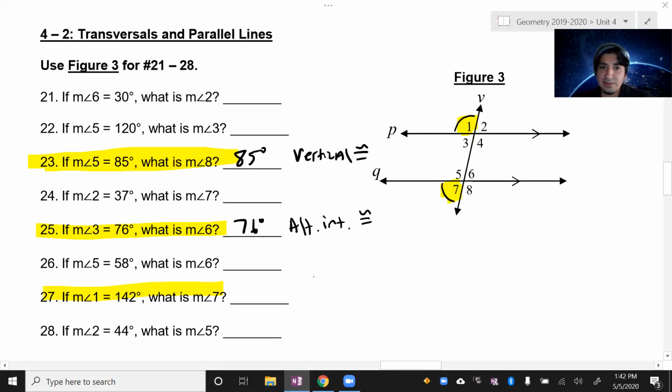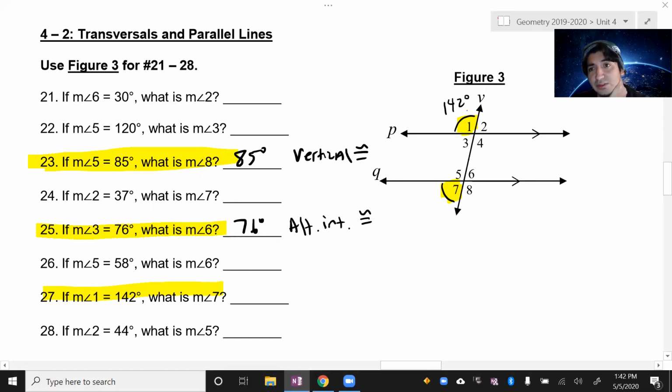Now they don't match anything that we have. They're both on the same side exterior angles. But we don't have a definition that we were given for that. So we have to realize that if this happens to be 142, I'm going to use a couple of these classifications for them.